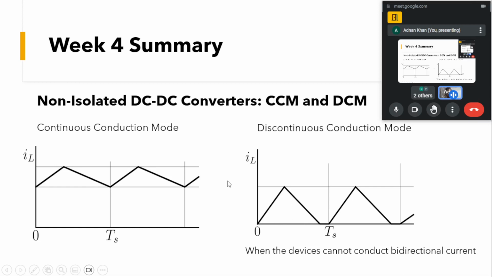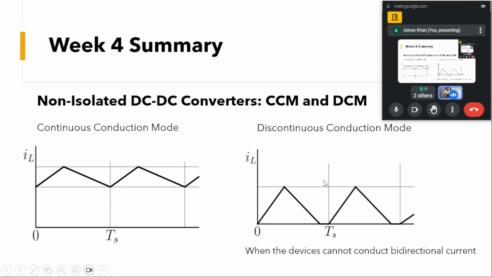So here in the buck converter, two cases for the discontinuous conduction mode can happen. One is if we allow high ripple, and then discontinuous conduction mode can happen. The other is if we reduce our load and our average current is lower, and in that case we'll get a discontinuous conduction mode as well.